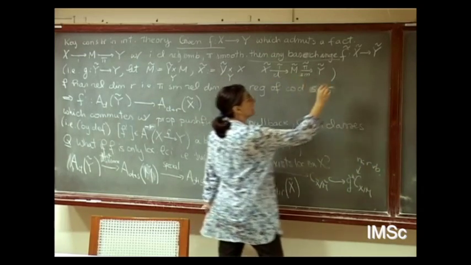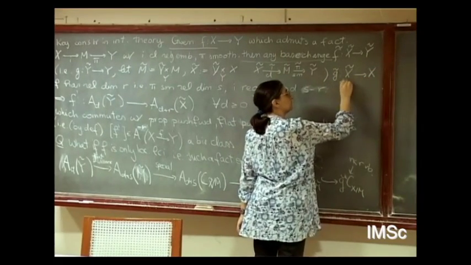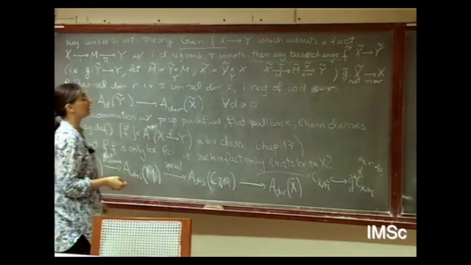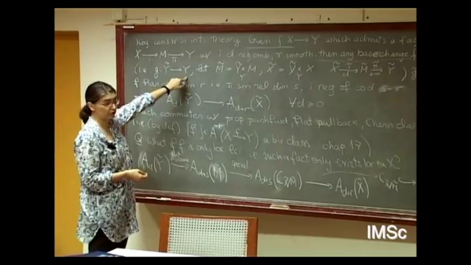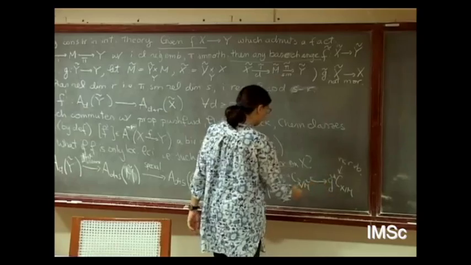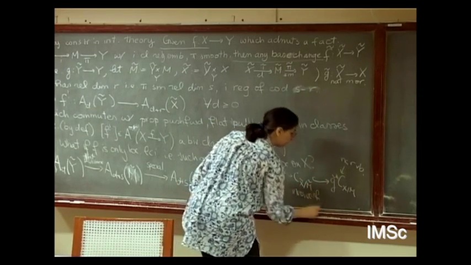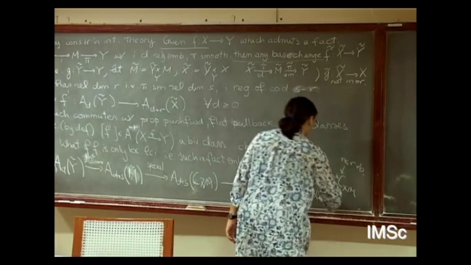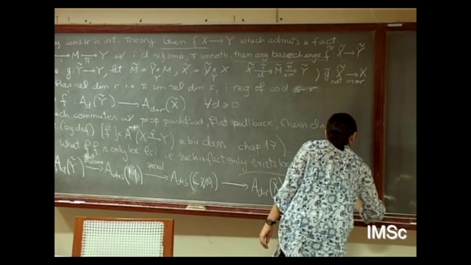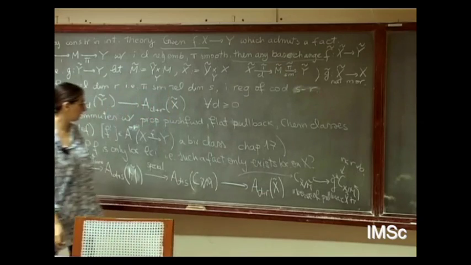And here I denote by g twiddle the natural morphism induced by saying that X twiddle is a fiber product. And then what you do is you compose with the inverse of the pullback map from X twiddle to this one, which is just a vector bundle.